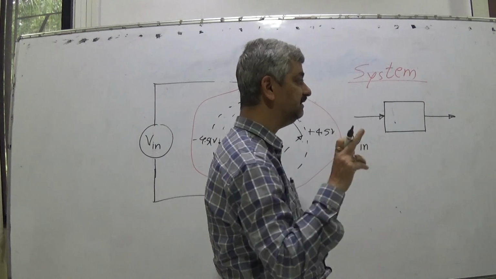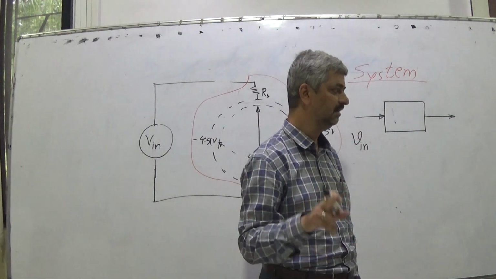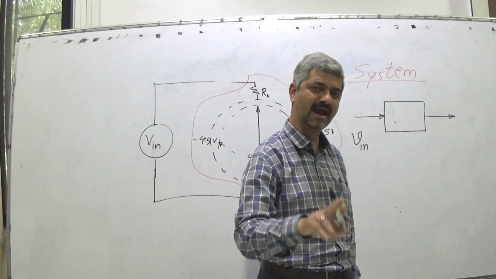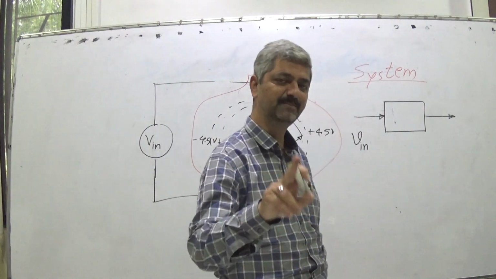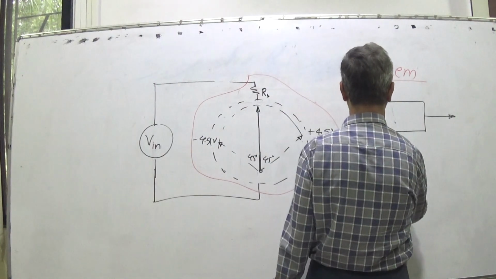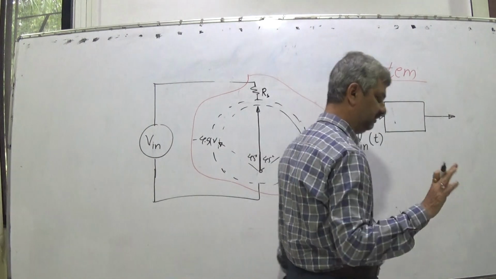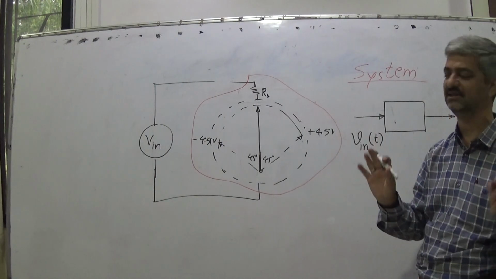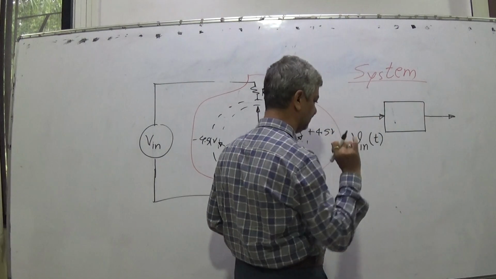Unless otherwise specified, signals are a mapping of a physical parameter with time. Therefore, for this subject we always express it so, except that I will explain some non-real-time signals, just to tell you that a signal need not always be a time signal, but otherwise it is a time signal. So V in(t) is the input signal.